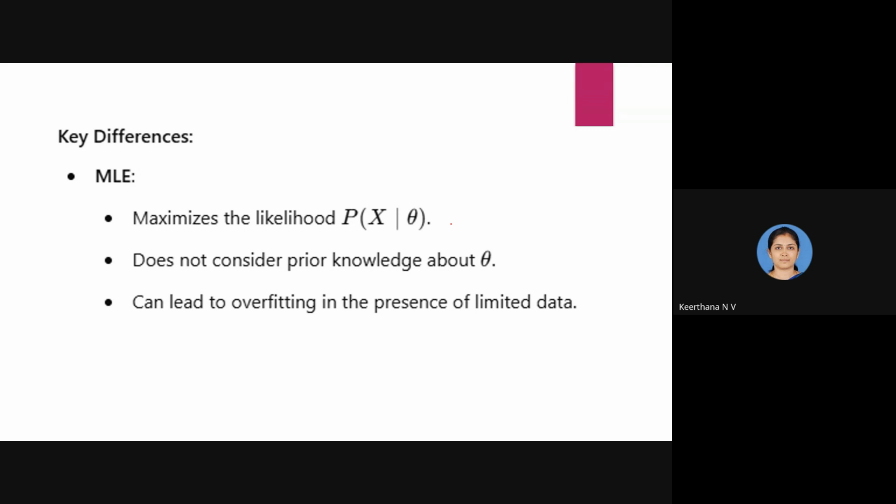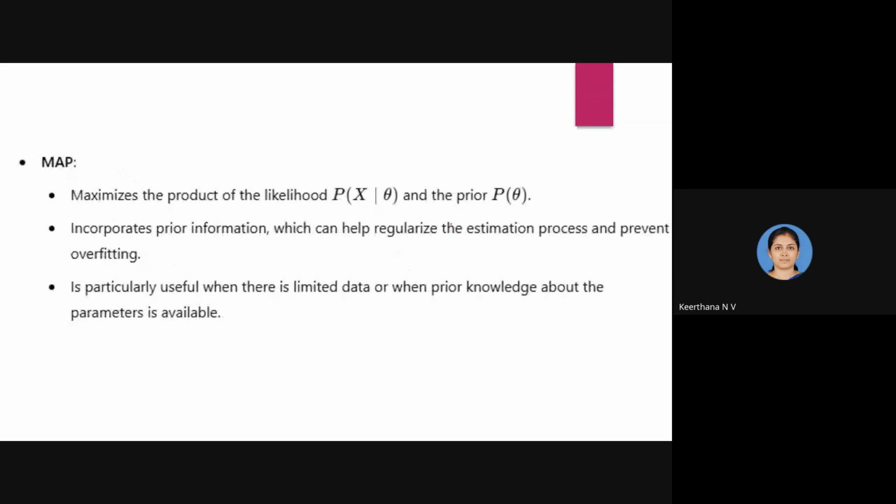This lack of consideration leads to overfitting in the presence of limited data. In MAP, by maximizing the posterior with respect to the Bayesian approach, it includes the prior information that helps in regularization of the estimation process, and thus the overfitting problem can be overcome by MAP.